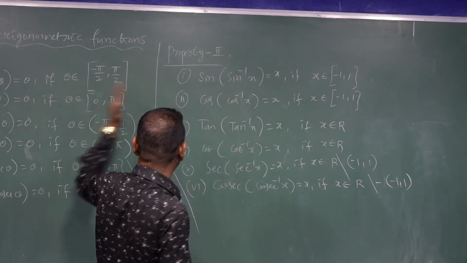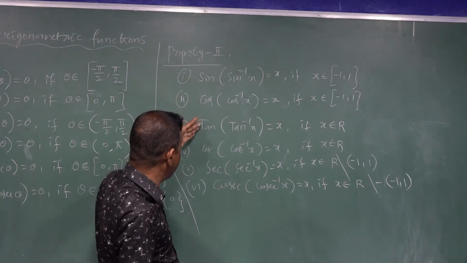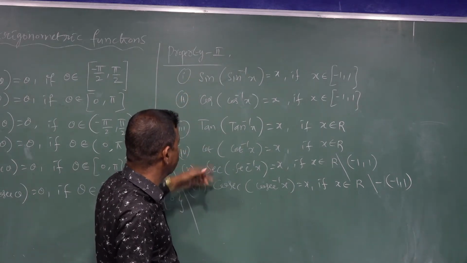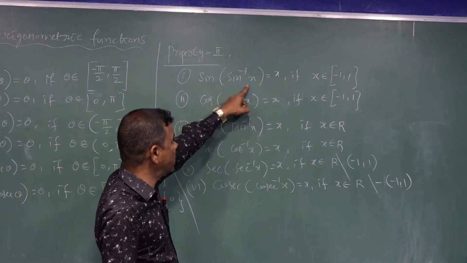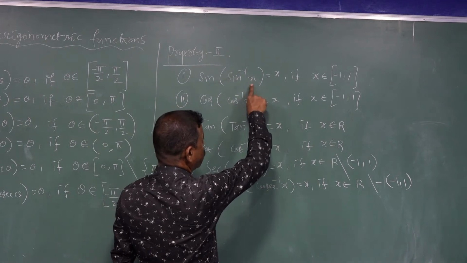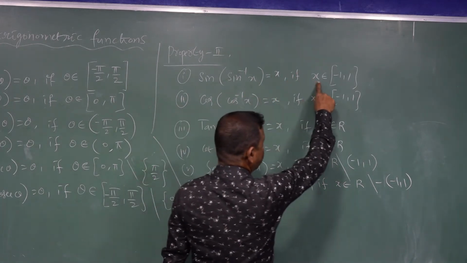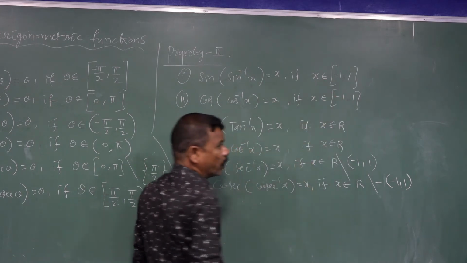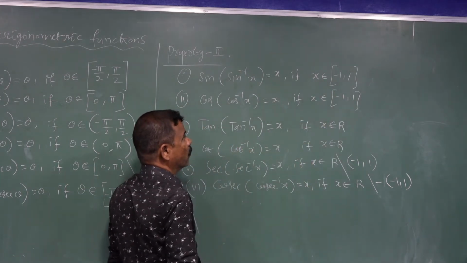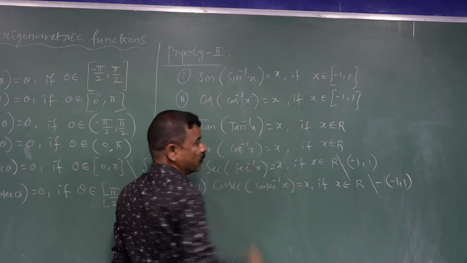Here inverse first, here not inverse. Sin, cos, tan, cot, sec, cosec in order. Sin of sin inverse x is equal to x. Sin inverse cancelled, it is equal to x. In the domain, x belongs to minus 1 to 1 only. If the value is not in this, it is not x.